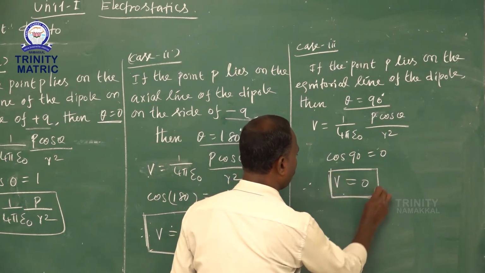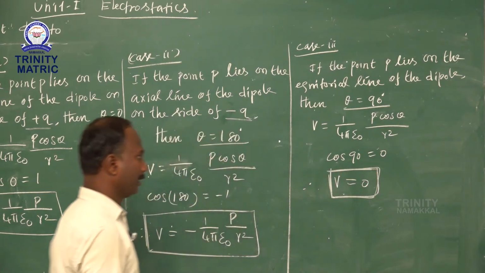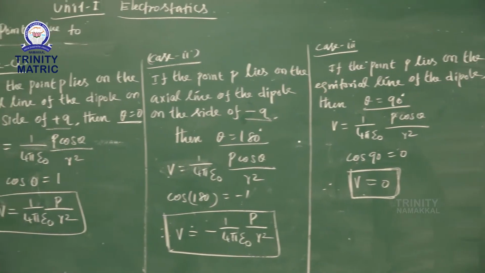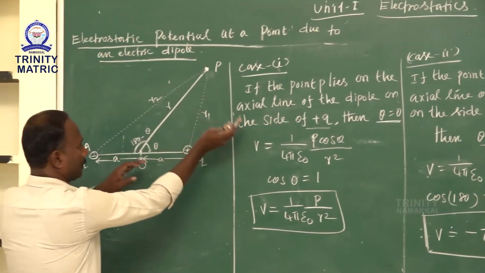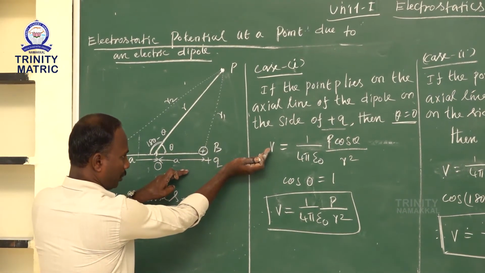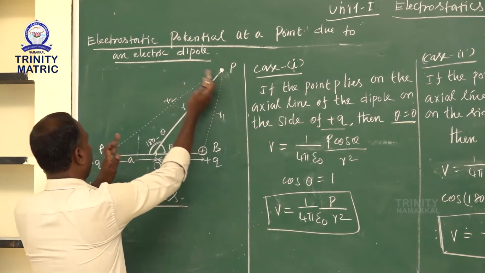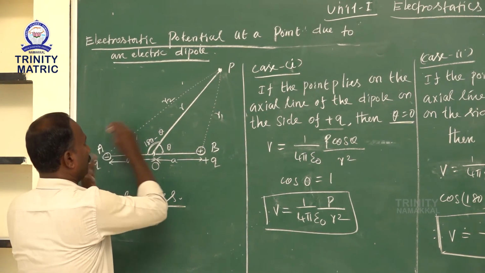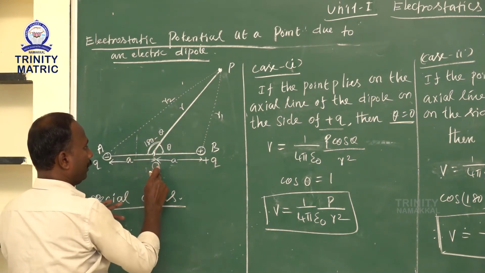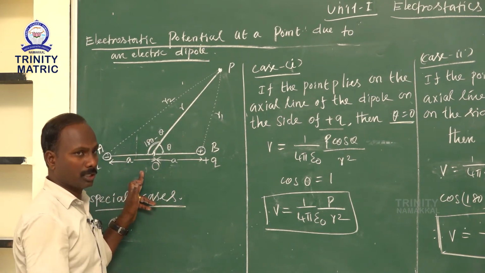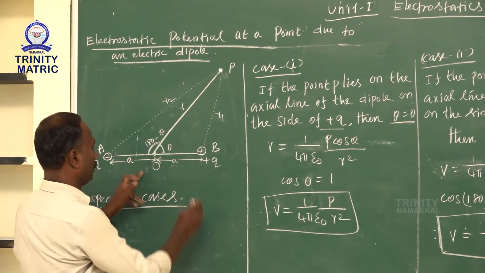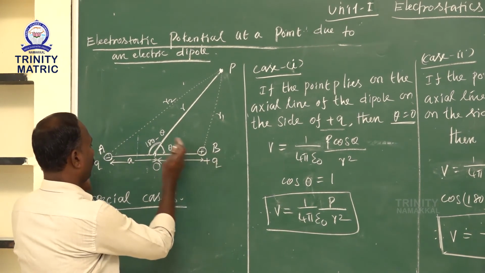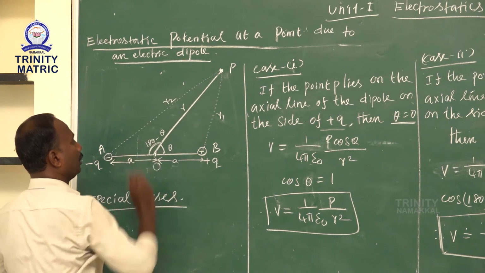So the potential we get is 0. See the diagram: the point P on the side of plus q gives positive potential, on the side of minus q gives negative potential, and exactly on the equatorial line there is no potential. So between plus q and minus q the potential will be 0.